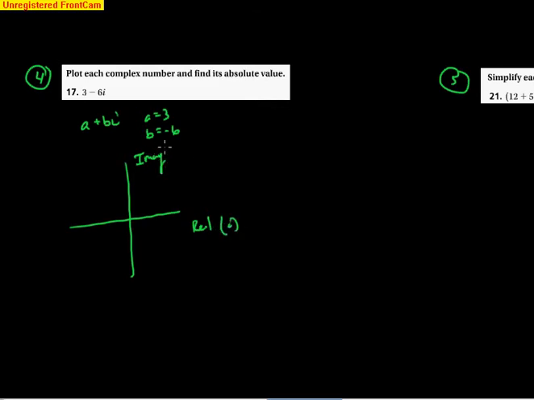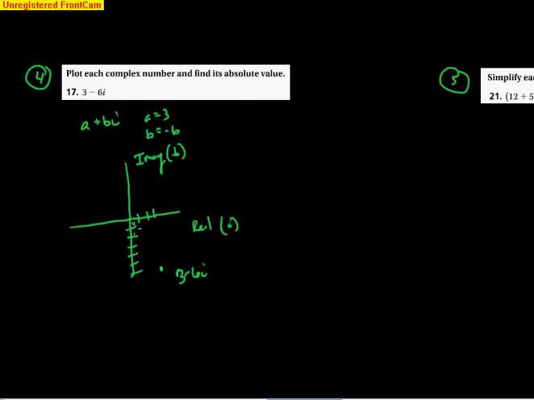The real part is a and the imaginary part is b. So to go 3, negative 6, you go 3 to the right for the a, and then 6 down for the negative 6. And there's where 3 minus 6i is located, right there.